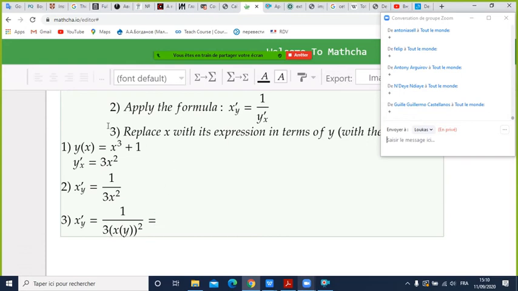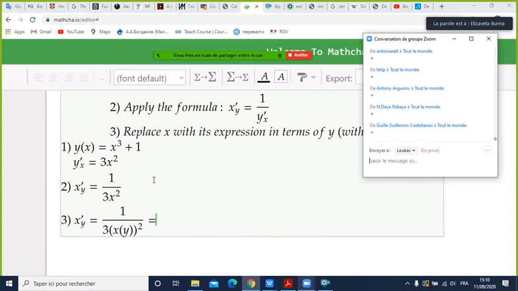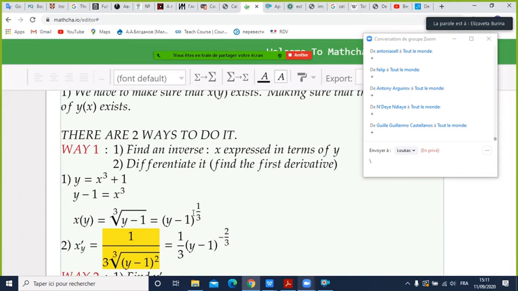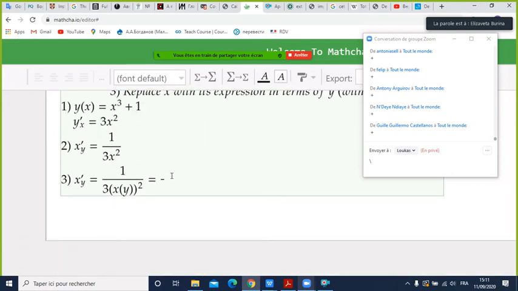Now we say that this is our third step. Replace x with its expression in terms of y. And so let's replace it. We already got the inverse here. It was the first step here, so we got it. This is the inverse. Okay. So fraction 1 over 3. Now I'm going to write it. How should I write it?